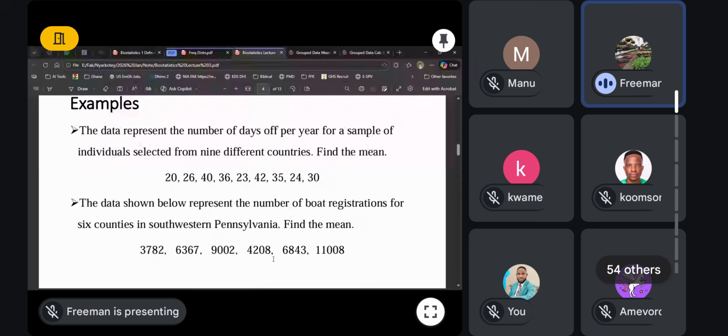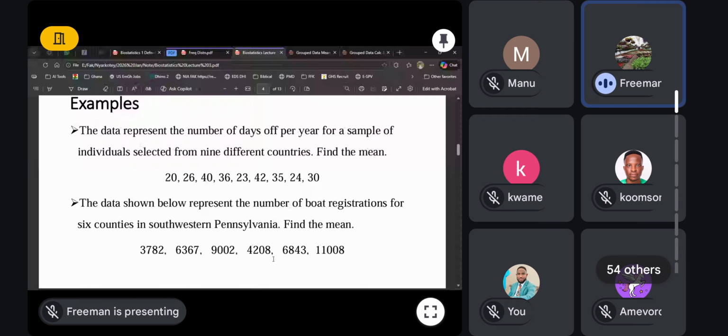last week I made mention of a word, an outlier. If we want to use a number here to represent the whole set as the average, we are having roughly 3,000, 6,000, 9,000, 4,000, and 6,000, then 11,000.